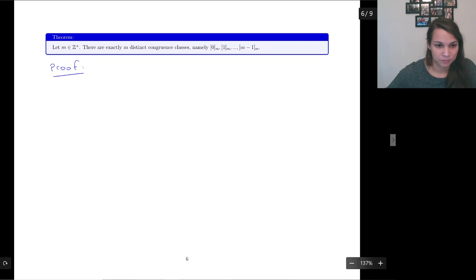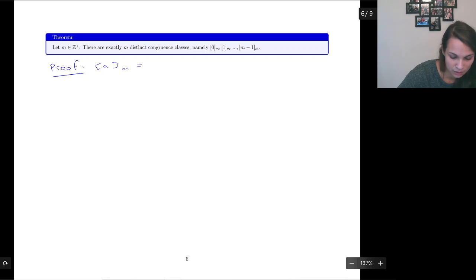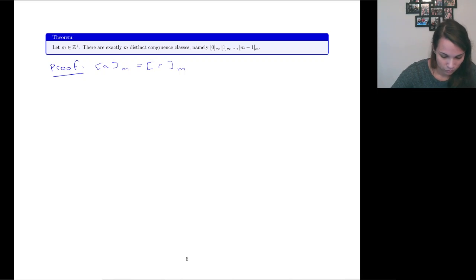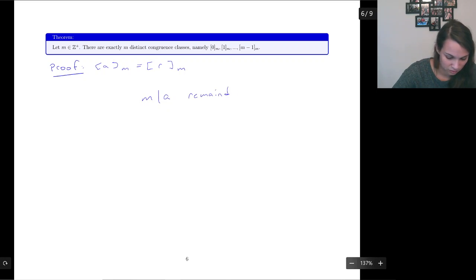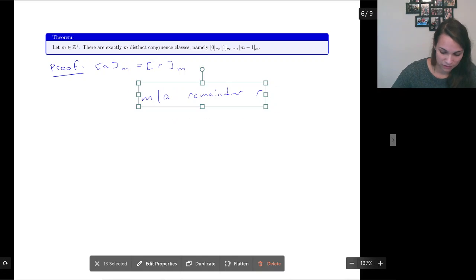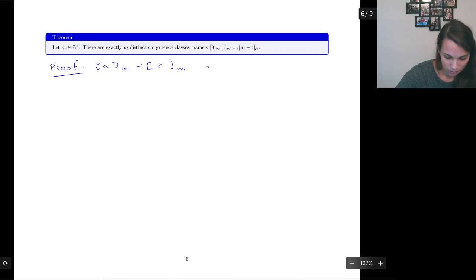We know the congruence class of A mod m is equal to the congruence class of its remainder r, where m divides A with remainder r. And the remainder is always greater than or equal to 0 and less than m, by a lemma from earlier.